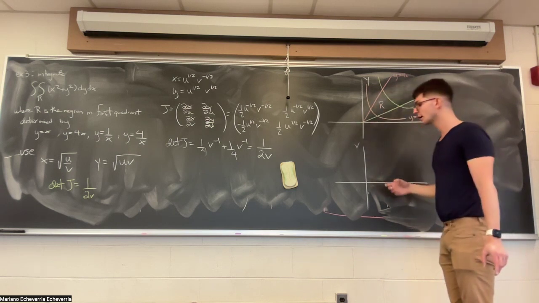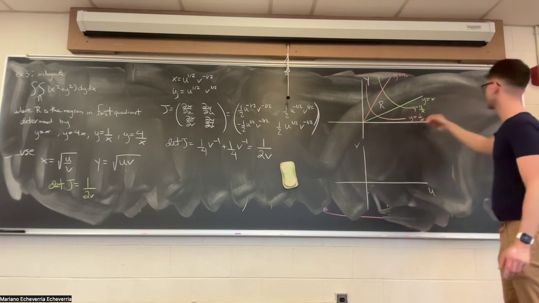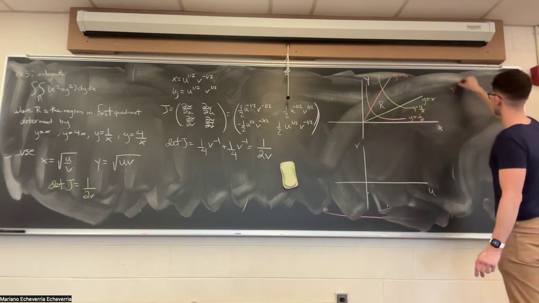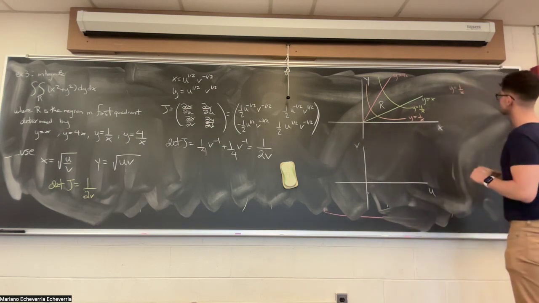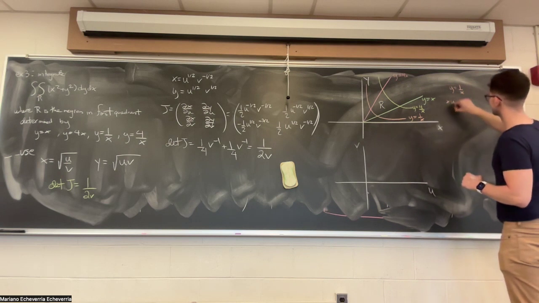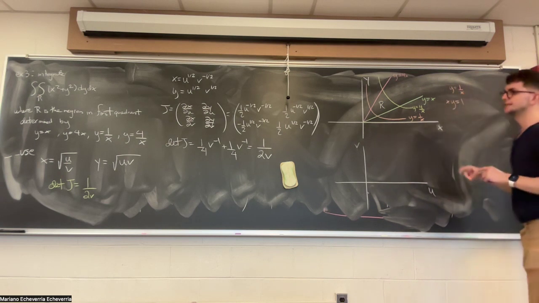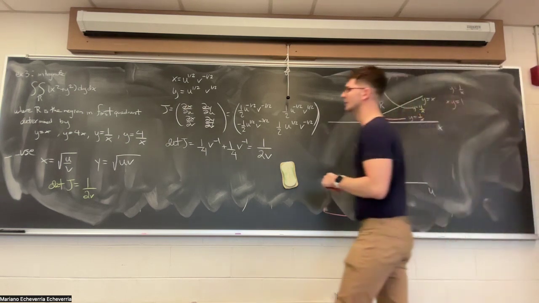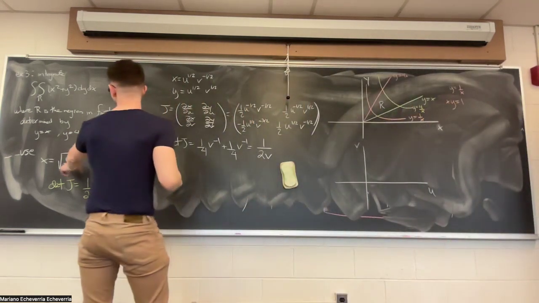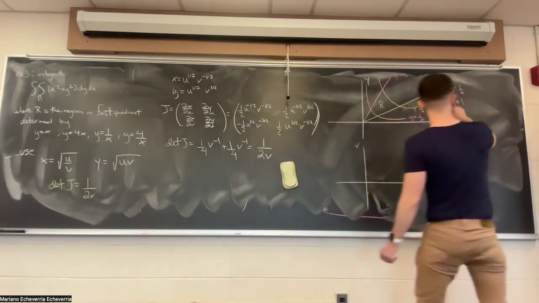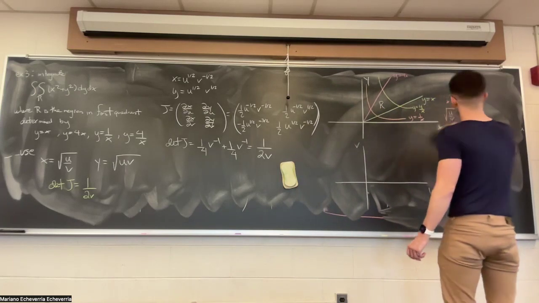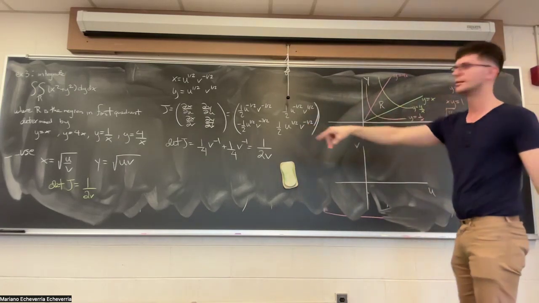So now what I want to do is find how each of these curves looks on the UV plane. So how can I do that? Let's start with the first one, y equals 1/x. That's the same as saying x times y equals 1, right? But what is x? I can put it as root of u/v. And y is root of uv, right?